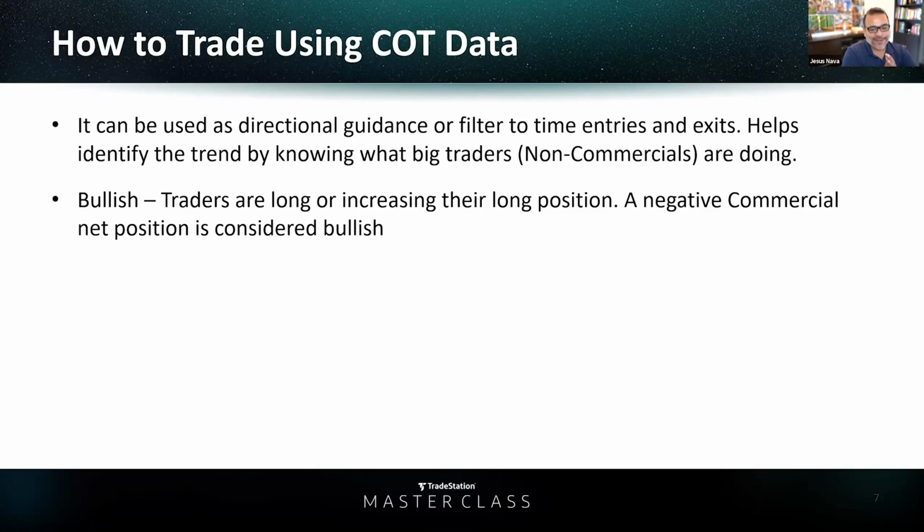I'm looking at the slope of the line. If the line is becoming less negative as time passes, that's an indication that you're becoming less bearish and a little bit more bullish to that extent.